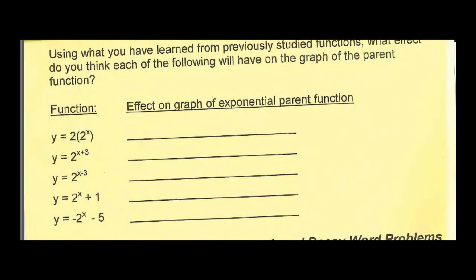So using what we've learned from previously studied functions, what effect do you think each of the following will have on the graph of the parent function? So you try writing down what you think will happen.